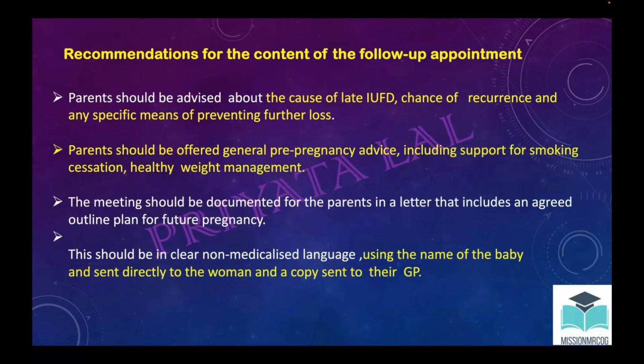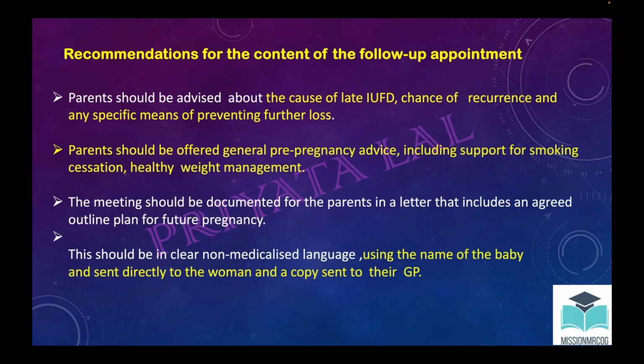Apart from this, for the follow-up appointment, they should be given clear knowledge about the cause of IUFD, the cause of late IUFD, what could be the chance of recurrence, and whether prevention can be done further. They should be given pre-pregnancy advice about smoking cessation and healthy weight management, and there should be an agreed plan for the future pregnancy.